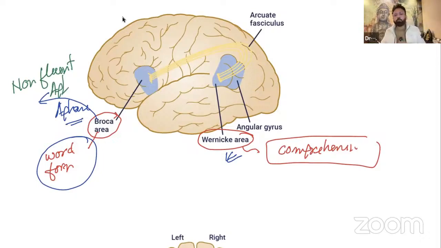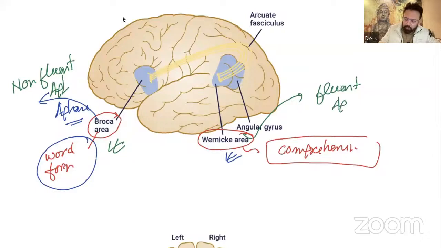Understanding is there, but fluency is gone. It is called Broca's aphasia. And if Wernicke's aphasia is there, fluency is there, but understanding is gone, it is called fluent aphasia.